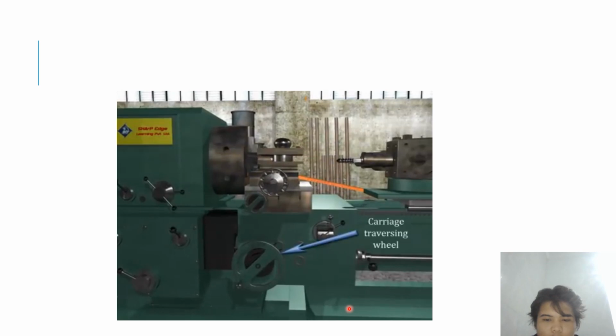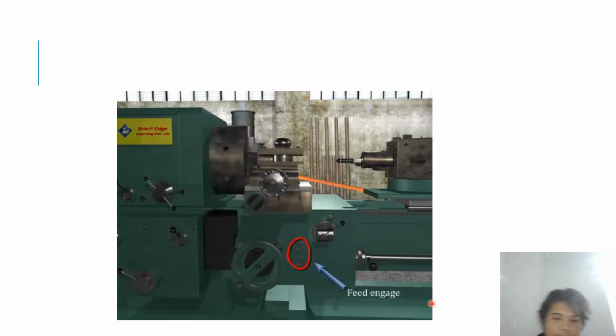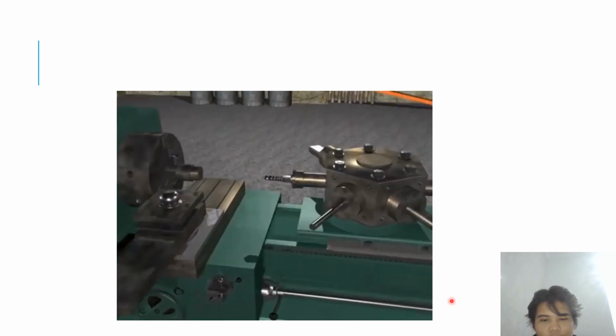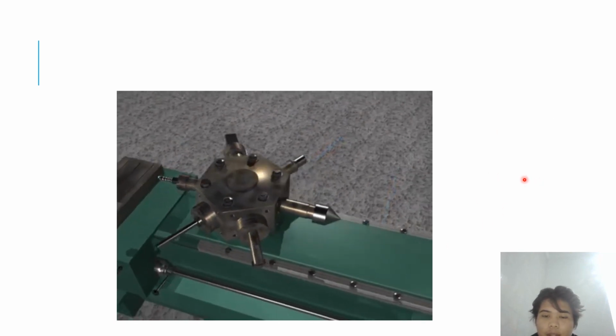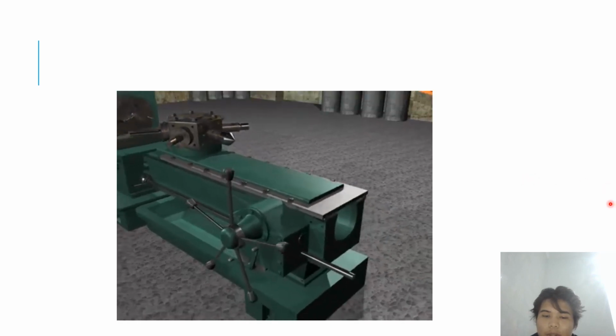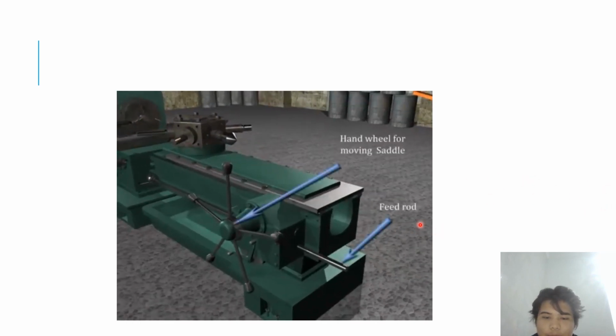Yes, this is the carriage traversing wheel, the screw cutting engaging lever, and this is the feed engage. The turret lathe is usually used for mass production, like a large amount of production. So that's why it's simpler than the other lathe machines.